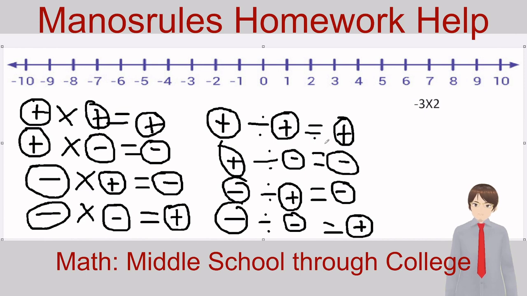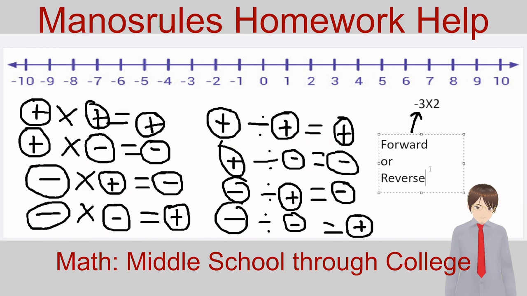The system I found and I like that I came up with, the first number, because it's positive or negative, tells you what to do with that number: it tells you to go forward or reverse. In other words, if it's positive, it's going to say forward. And if it's negative, reverse.